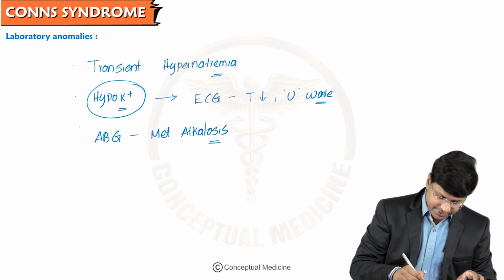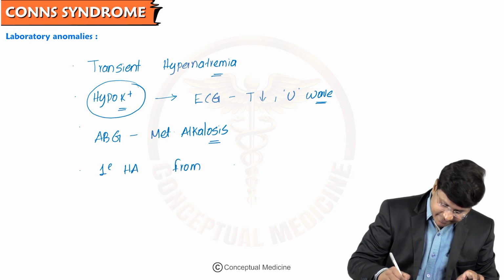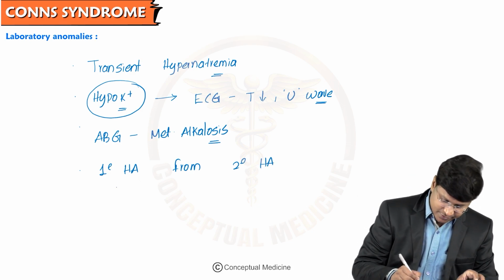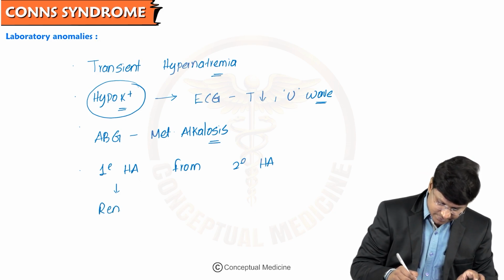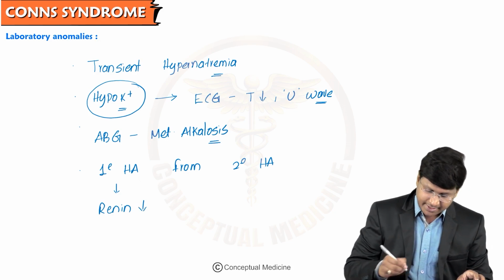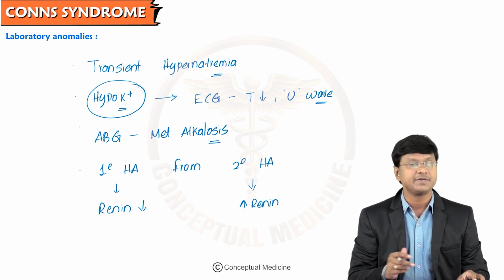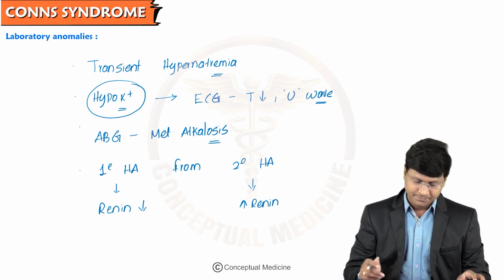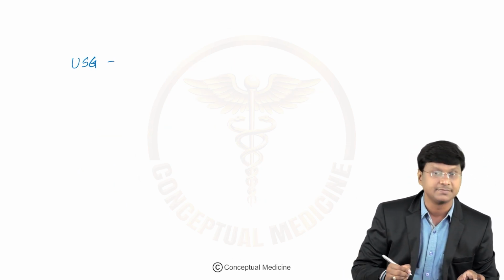Okay. Next. Then, if you want to differentiate primary hyperaldosteronism from secondary hyperaldosteronism, remember, in primary hyperaldosteronism, renin levels are low. And in case of secondary hyperaldosteronism, renin levels are very high. This is how you have to differentiate primary as well as secondary. And the other important investigation is the ultrasound of the abdomen.